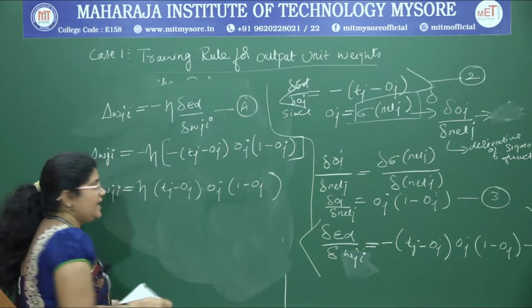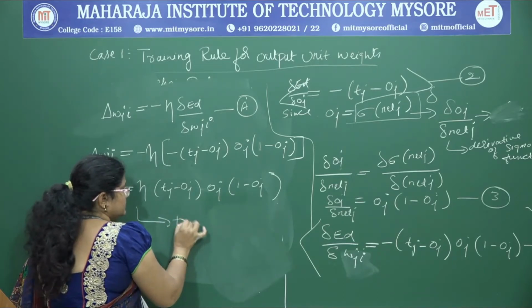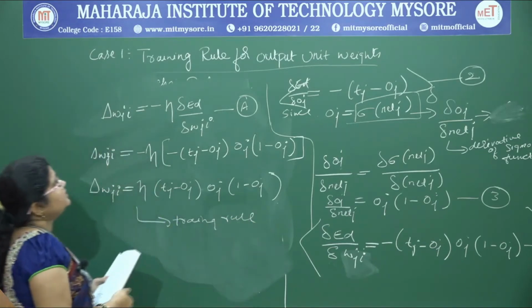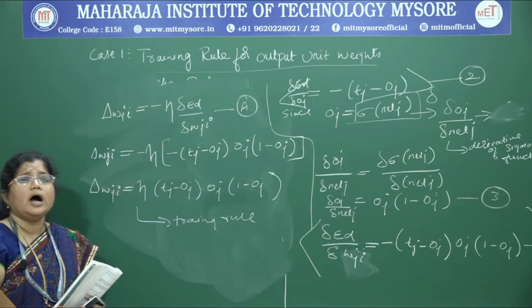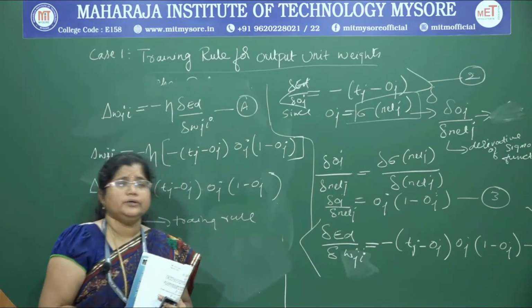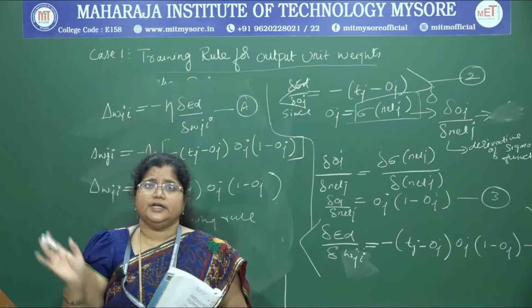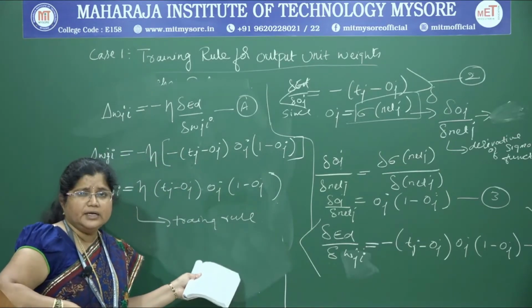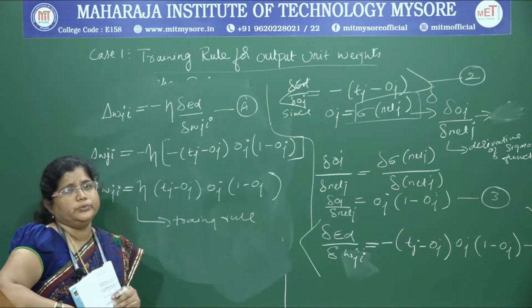This is exactly the training rule to update the weights in the output unit. So, this is the derivation of how we are going to update the weight in an output unit.